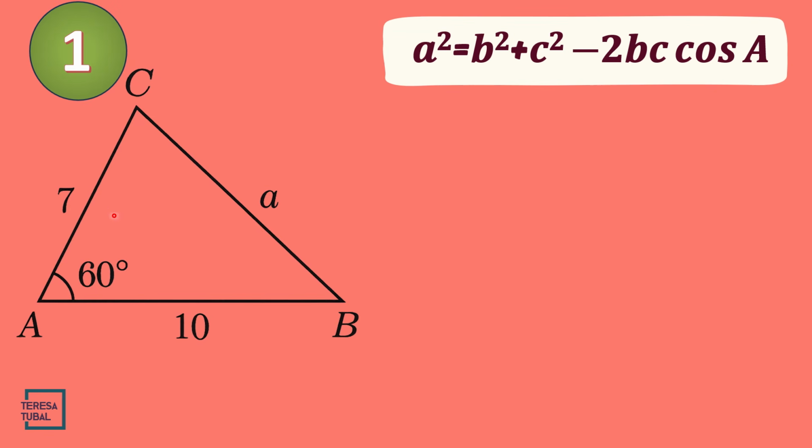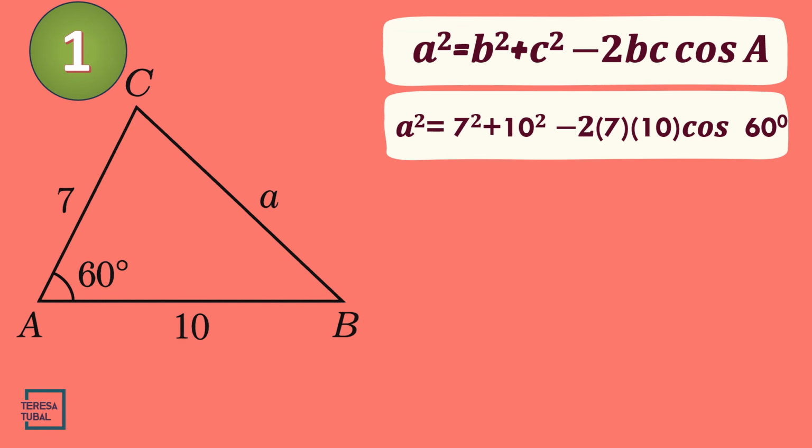So let us replace side b by 7, side c by 10, and angle A by 60 degrees. So that becomes a squared equals 7 squared plus 10 squared, copy negative 2, replace b by 7, c by 10, and cosine of the angle 60 degrees.